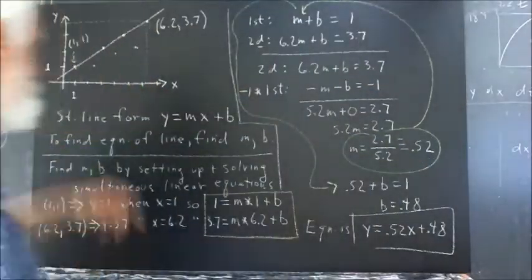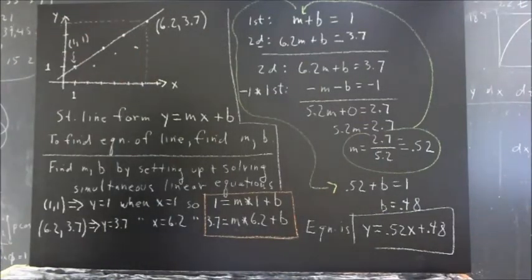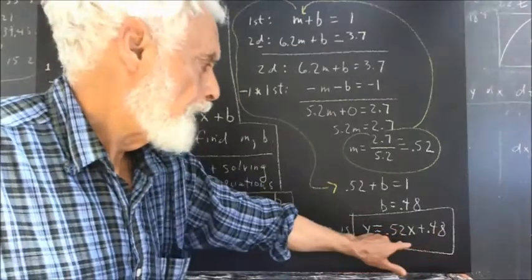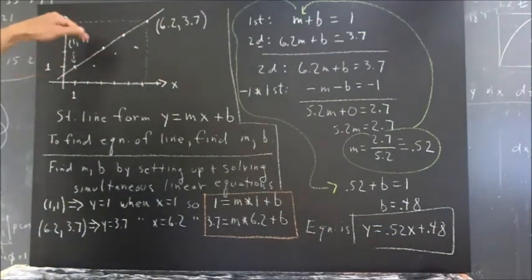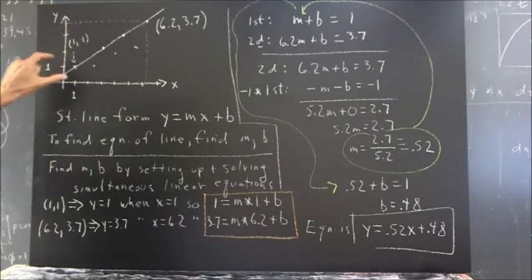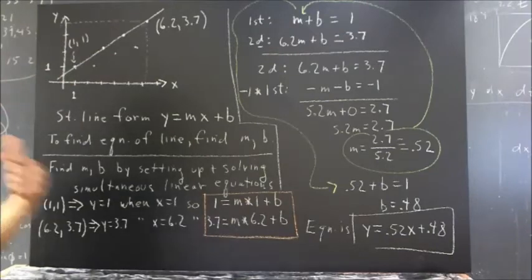And that's the equation of the line through this point and this point. We have this equation. In the next video, we're going to see whether this equation does a reasonable job of fitting the points, and if there's a line that might do a better job of fitting these points.